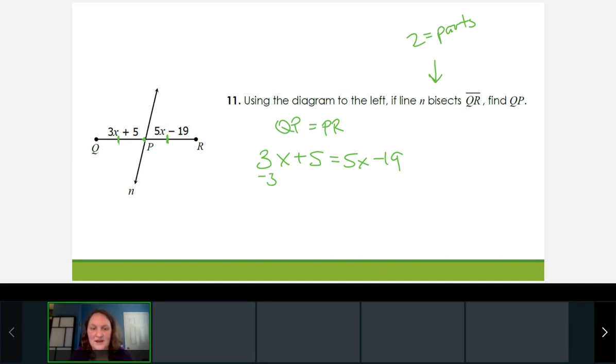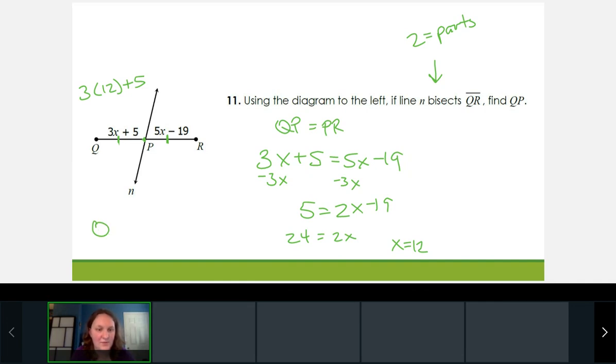I'm going to subtract 3x from both sides. Let's add a 19 to both sides and divide by 2. All right, we wanted to find QP, so I'm going to take that 12 and plug it in. 3 times 12 plus 5. So you get QP equals 41.